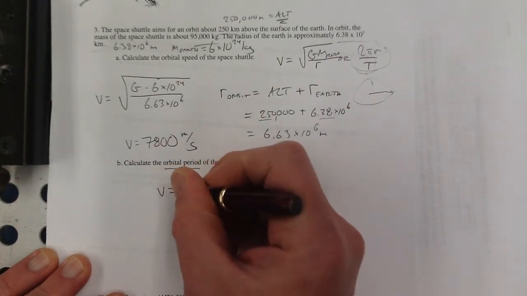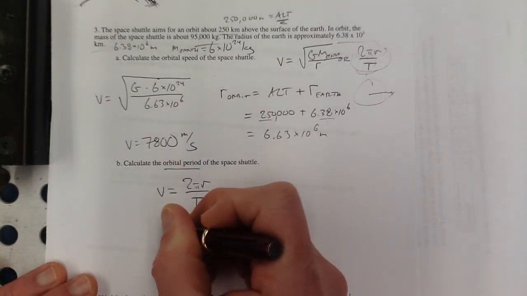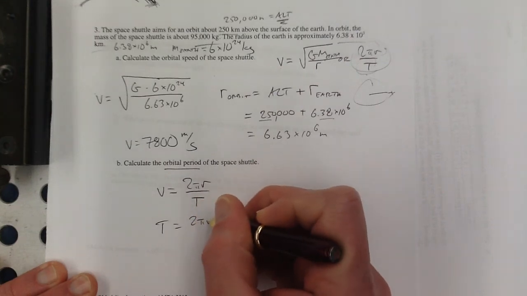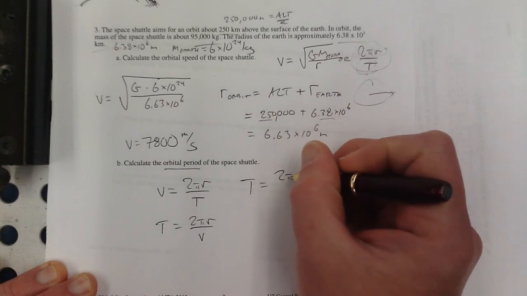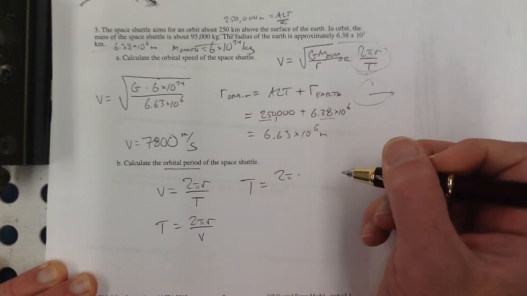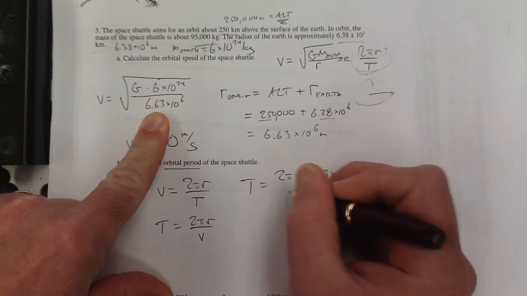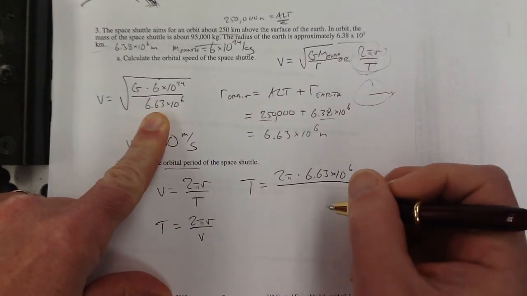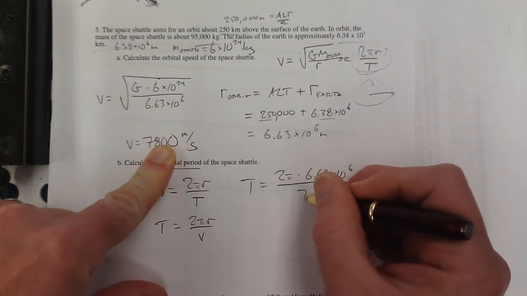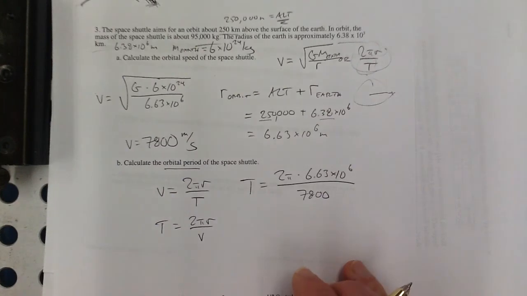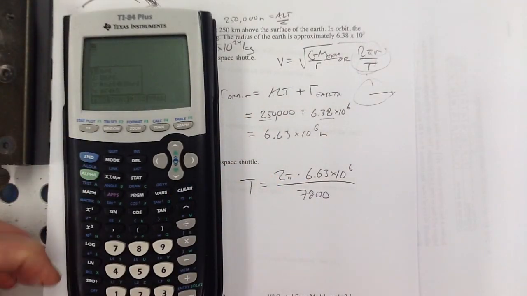I know that V is equal to 2 pi r over t. Algebra, t is equal to 2 pi r over V. So that is going to be a little bit easier to manage in my calculator. 6.63 times 10 to the 6 over the V is 7,800. Get my fraction there.